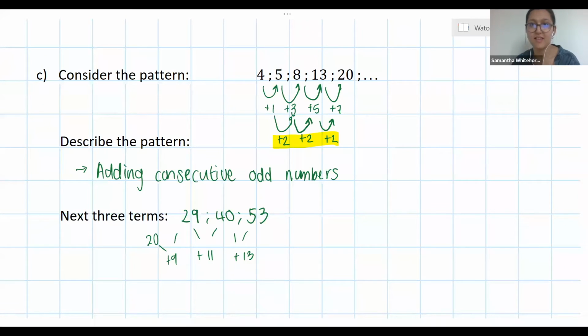Is it going to be like this in every other question? Not necessarily. So this is, like I said, a very specific type of pattern. We call them quadratic patterns. You don't need to stress about that right now. But this is one of the specific types of patterns we look at, where we might skip the same number of values each time.